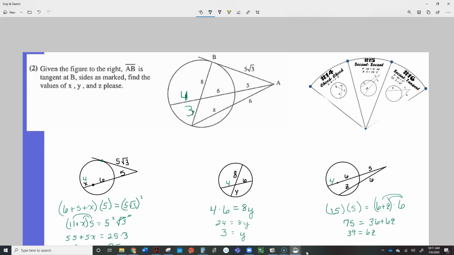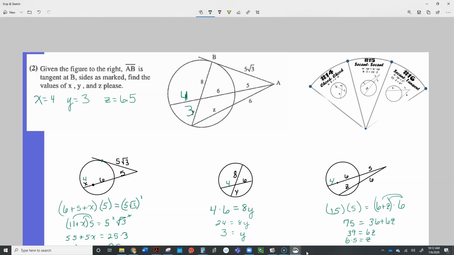And then divide both sides by 6. And you get z is 6.5. Okay, so x is 4, y is 3, and z was 6.5.